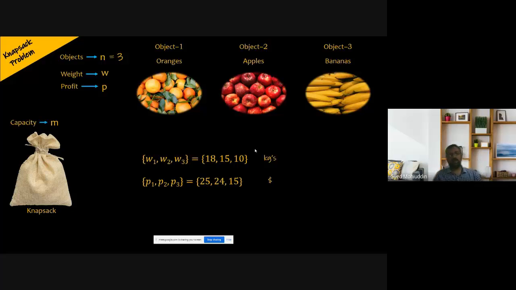Let's call this capacity M. So the objects have weights and profits, and there is a bag known as the knapsack which has a capacity M. Let us consider, for example, as we consider 3 objects, the capacity of the knapsack is 20.